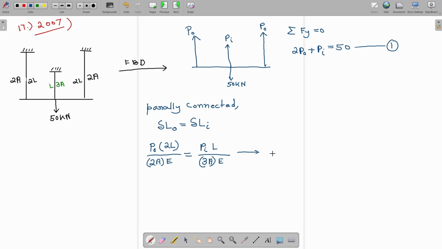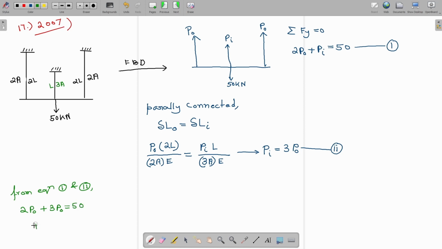After solving, we get that Pi is equal to 3 times P naught. We can write it as equation number 2. Now from equation 1 and 2, we can write it as 2 P naught, just going to replace Pi with 3 P naught, is equal to 50 kilonewton.